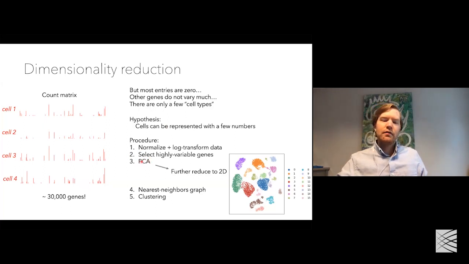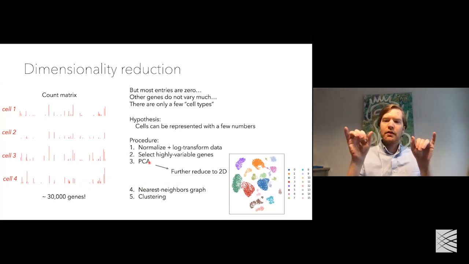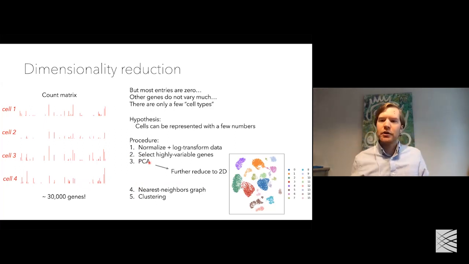Using that, we can define a notion of distance between cells. With this vector of 50 numbers, we can calculate a distance between this cell and this cell by looking at some kind of distance measure between those two vectors. And we can use that to calculate a graph of nearest neighbors. So cells that are similar become close neighbors on this kind of a graph.